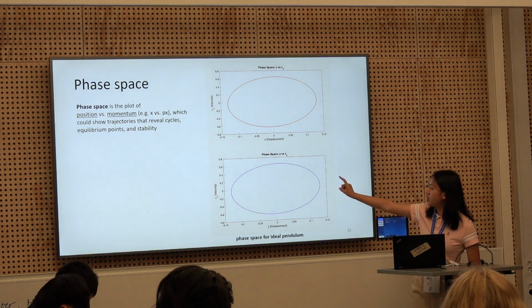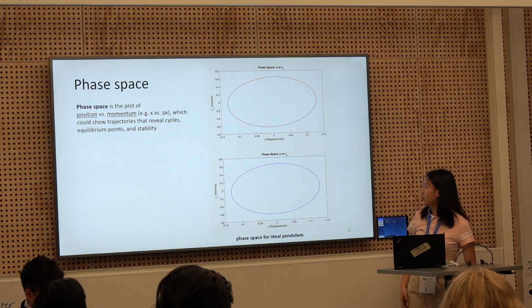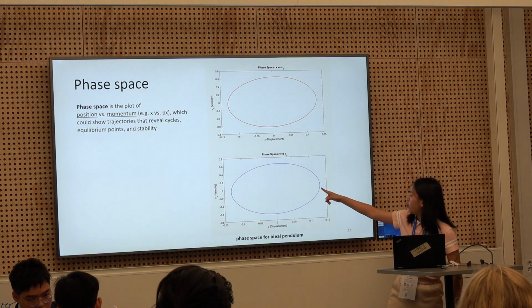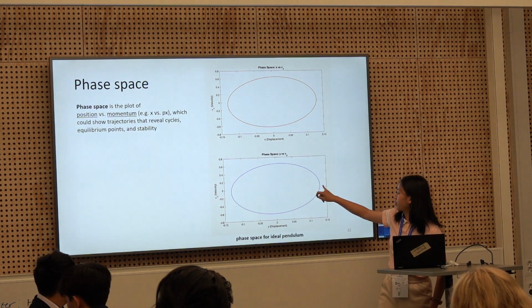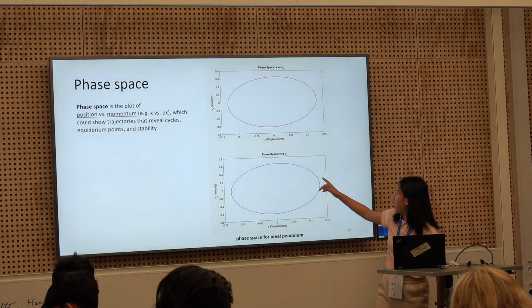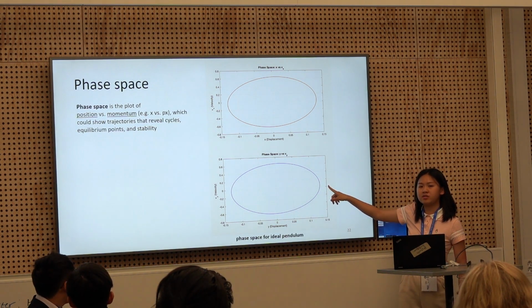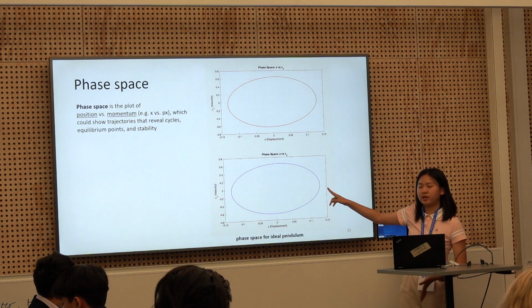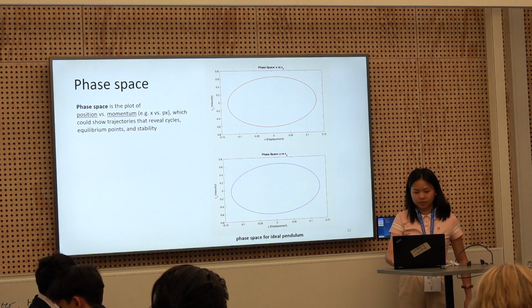This one is the phase space for an ideal simple pendulum, which means when you move x or y, it will finally come back to the same point with the same velocity, which means it's stable, as there's no energy dissipated in the ideal pendulum.